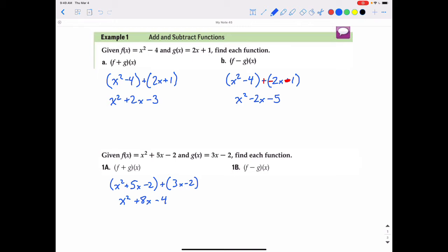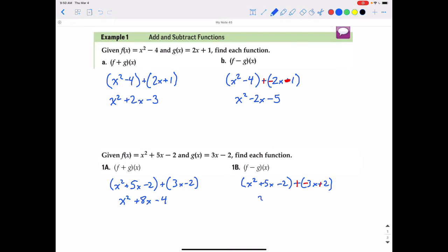For f minus g of x, we're going to subtract the functions, so that'll be x squared plus 5x minus 2 minus 3x minus 2. Let's go ahead and subtract the algebra way by changing the minus to a plus and then changing the signs of all the terms in the next set of parentheses, and combine our like terms.